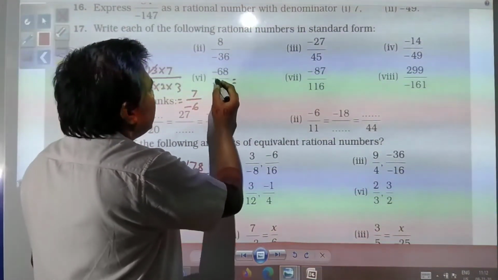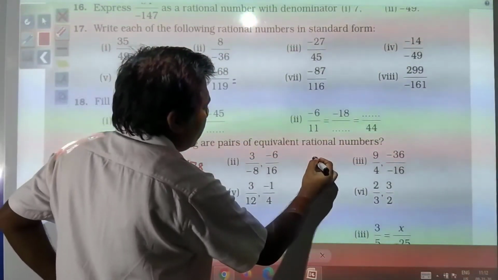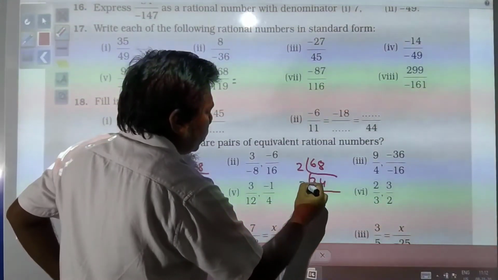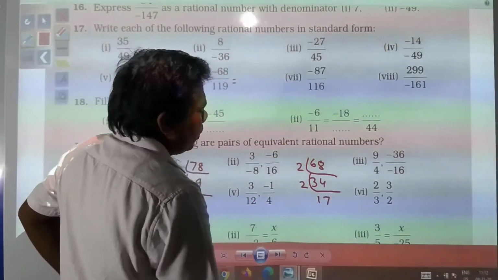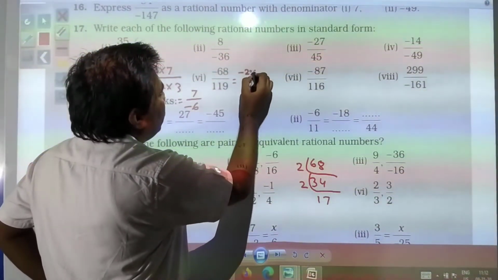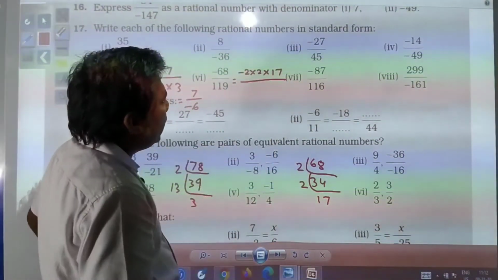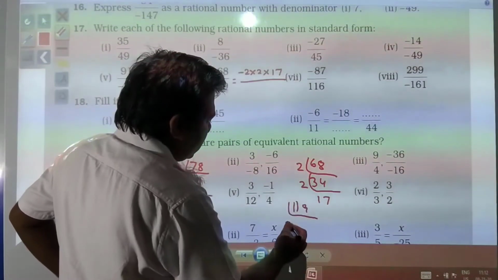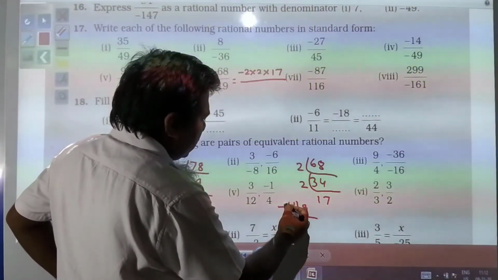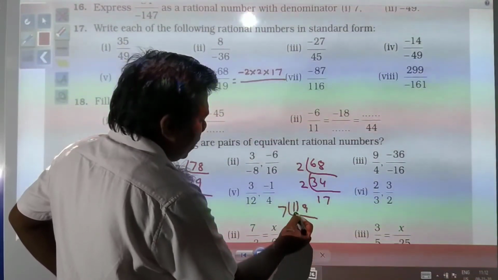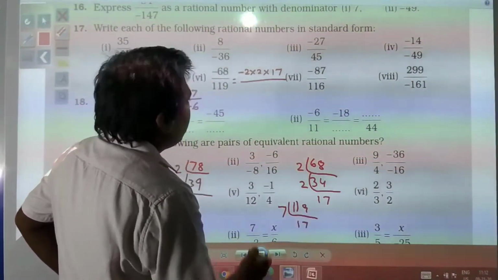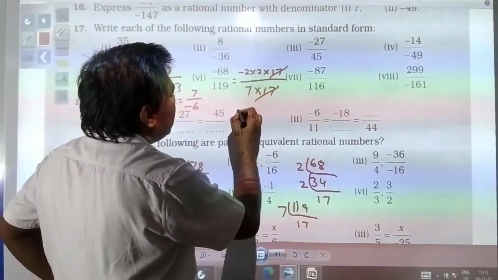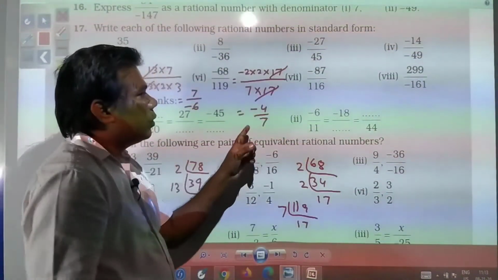Then you have minus 68, you find out 68, 2 3s are 6, 2 4s are 8, and 2 1s are 2, 2 7s are 14. So it can be written as minus 2 into 2 into 17 divided by 119 you have. 7 1s are 7, and 7 7s are 49. So this will be 7 into 17. This will be cancelled, you will be left with minus 4 by 7, and this will be your answer.